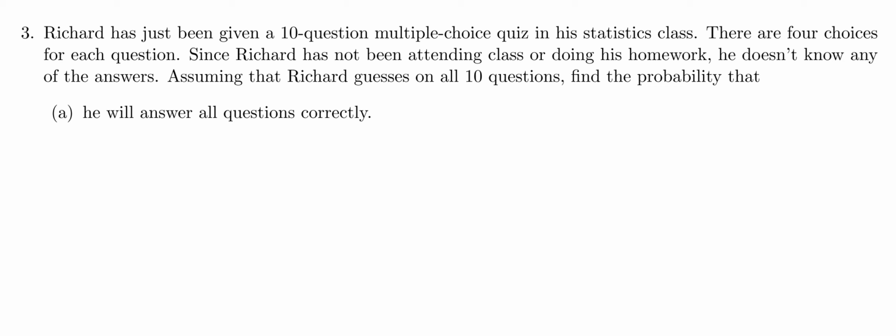In this example, we're looking at a 10-question multiple choice quiz where there are 4 choices for each question. In this case, the student is guessing on all of the questions, so we will assume that the student has a 0.25 probability of guessing the question correctly. So, since there are 10 questions, this makes n 10. Success is that he answers the question correctly.